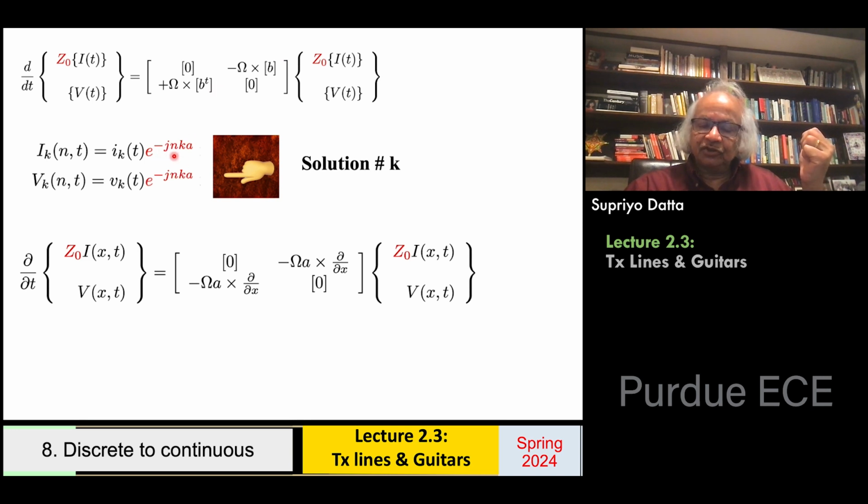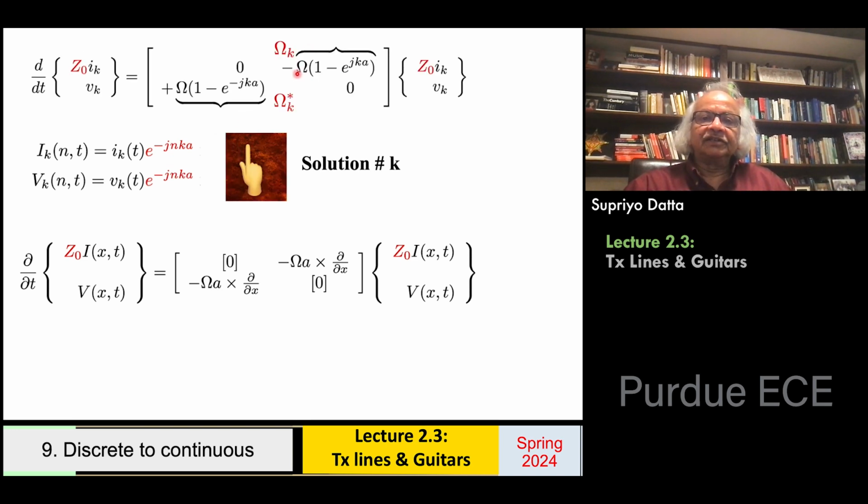So when you use this set of vectors to diagonalize the original matrix, the net result was, instead of that B operator, you had a diagonal operator whose k component was given by this, and here you had the omega k star. So this I'm just recalling from the last lecture.